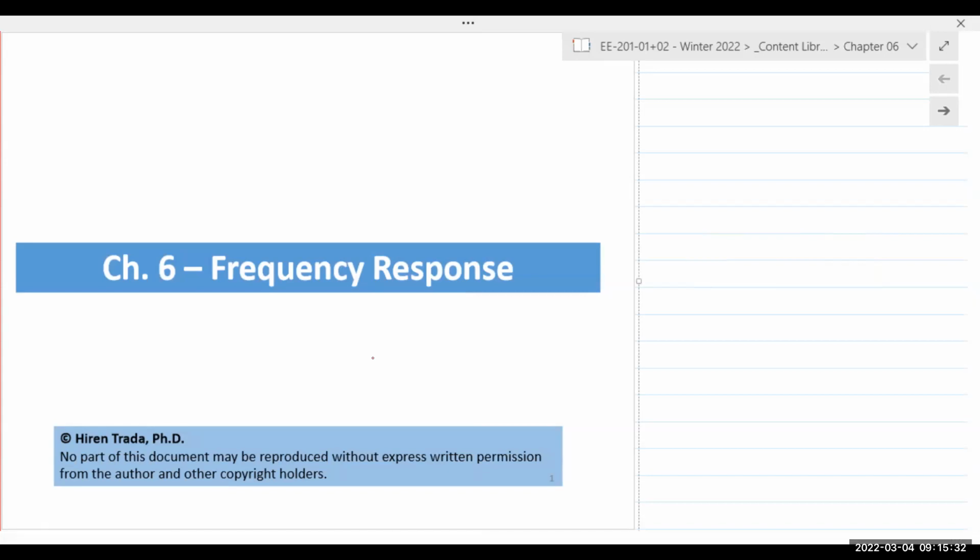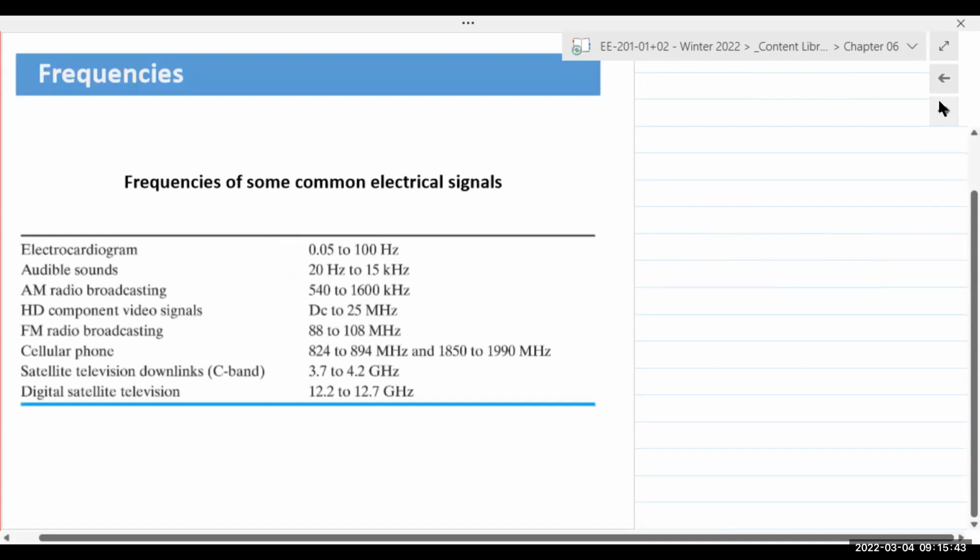This chapter again uses complex numbers. We'll be working in terms of omega and frequency f. Now, the title of the chapter is frequency response, but the circuits we study in here are basically filters, like electronic filters.